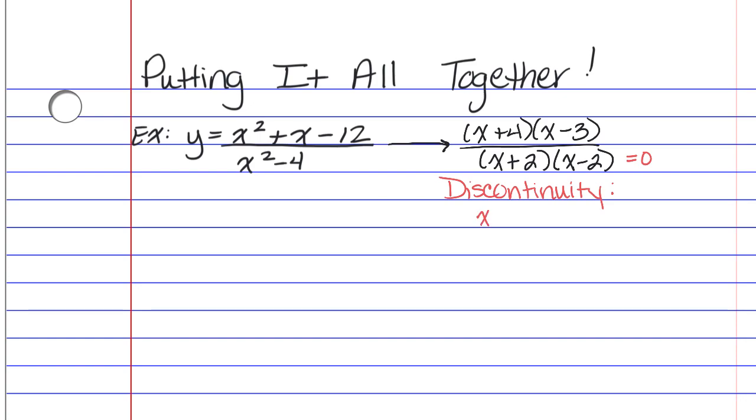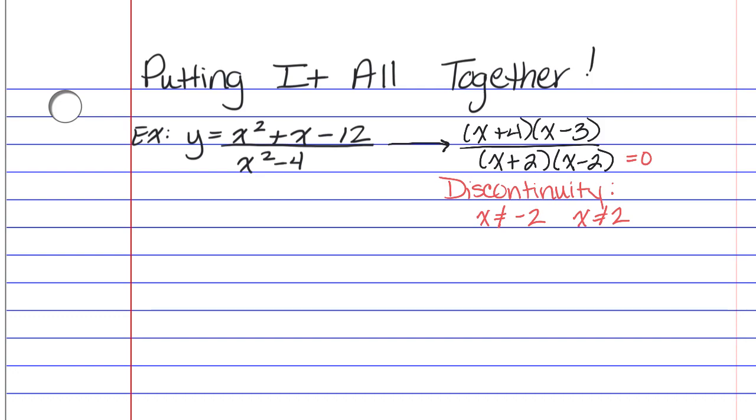So I know that I do not have a domain that includes the number negative 2 or the number positive 2, because x plus 2 equals 0 gives me an x value of negative 2, and x minus 2 equals 0 gives me an x value of positive 2. So I have these points of discontinuity. One of the first things I want to ask myself is, are they removable or non-removable?